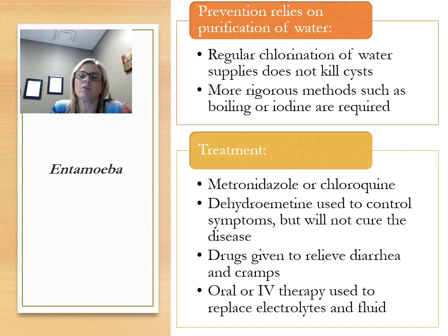Regular chlorination is not going to kill the cyst, so you've got to really boil for a period of time or use iodine to prevent this. Treatment is going to be chloroquine or metronidazole. There are some drugs that you can take, of course, to relieve diarrhea and cramps, and then, of course, fluid replacement is very important, fluid and electrolyte replacement.